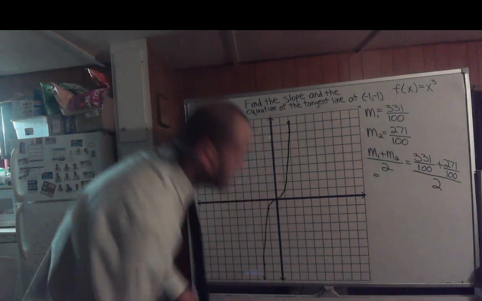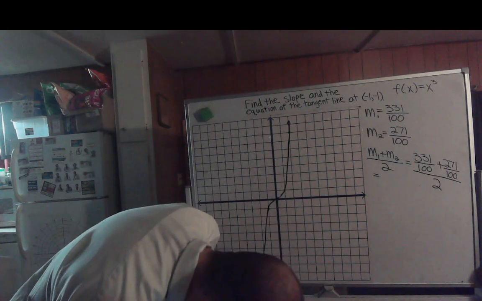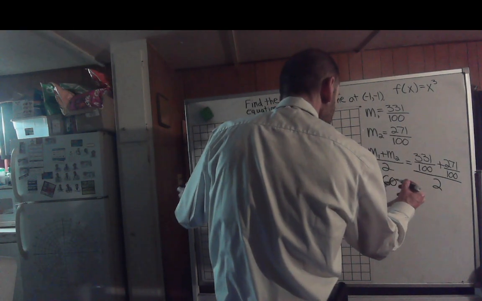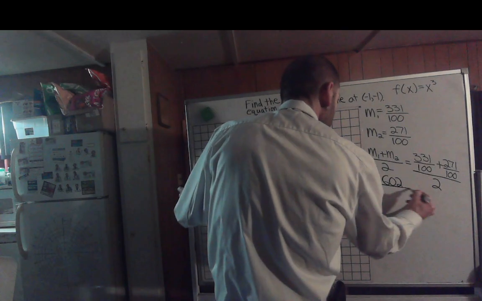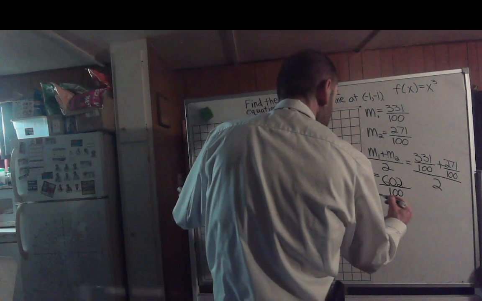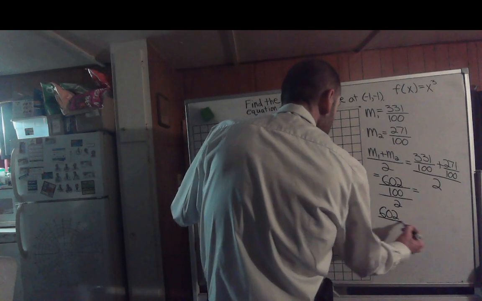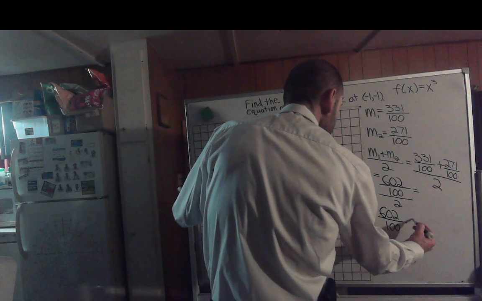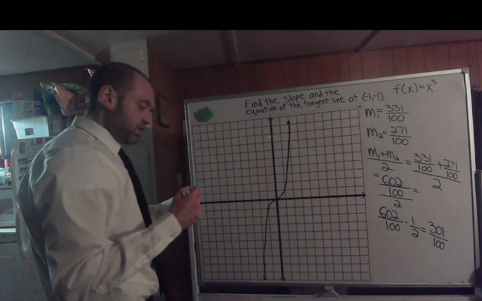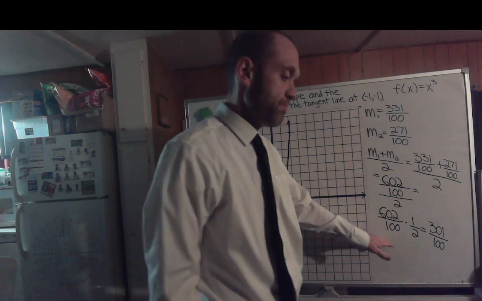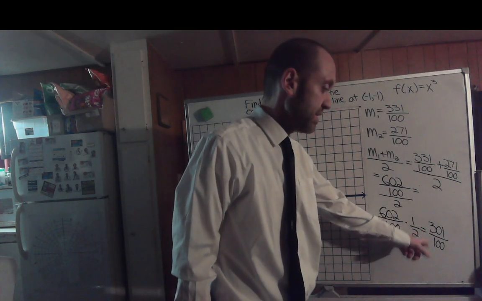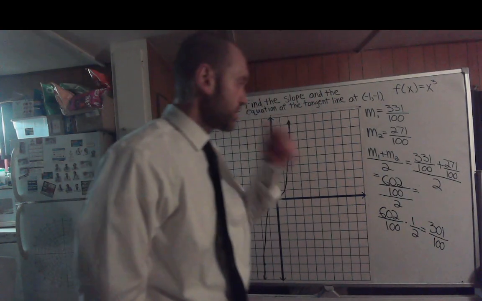That's 601. Wait, what? No, because I missed one. It's 602, divided by 100. All that divided by 2 would turn into 602 divided by 100 times 1 over 2, which would turn into 301 over 100. Are we starting to notice the slope is converging to a number? It's awfully close to 3, isn't it? This is literally 3 and 1/100th.